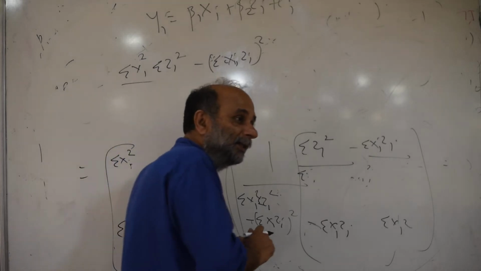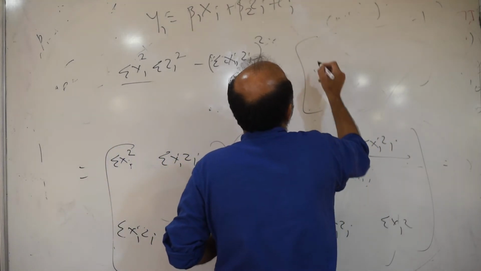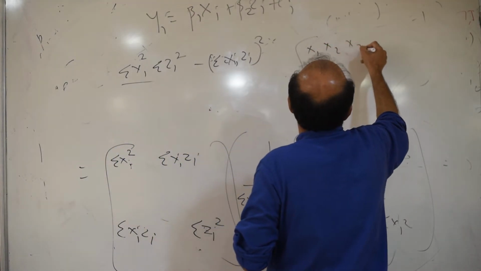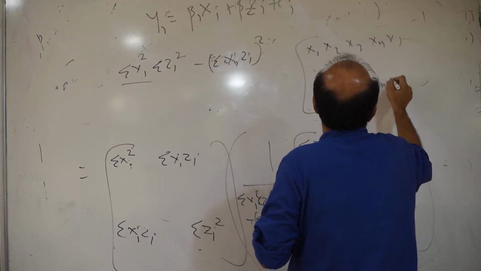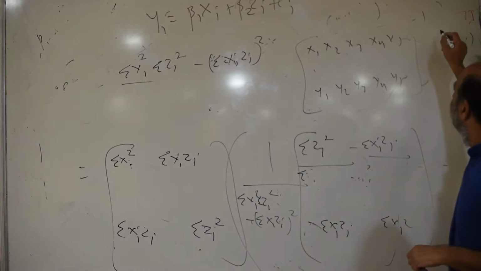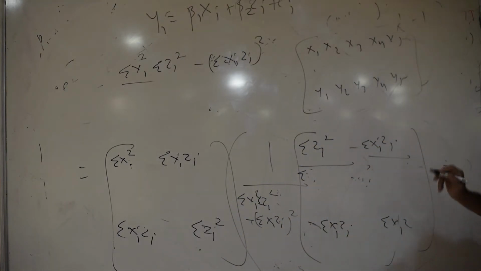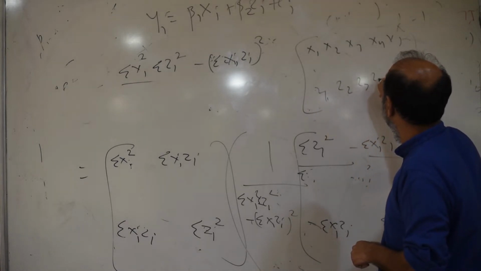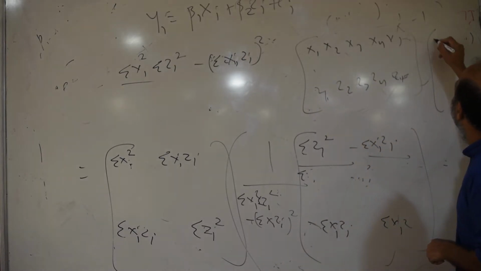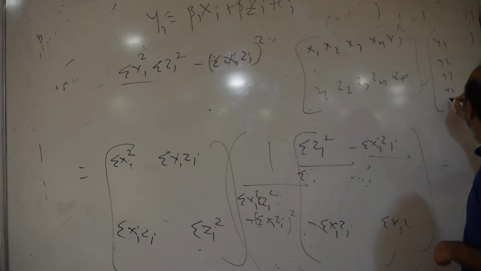How will x dash y come? X dash y will be x1, x2, x3, x4, x5 and y1, y2, y3, y4, y5. Okay? This will be x transpose. Sorry, this has to be z1, z2, z3, z4, z5, and y1, y2, y3, y4, y5.